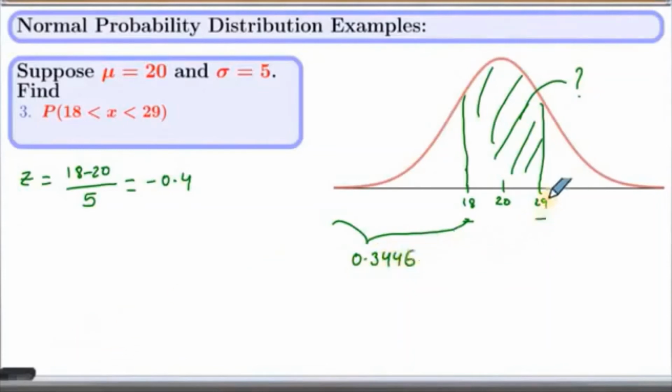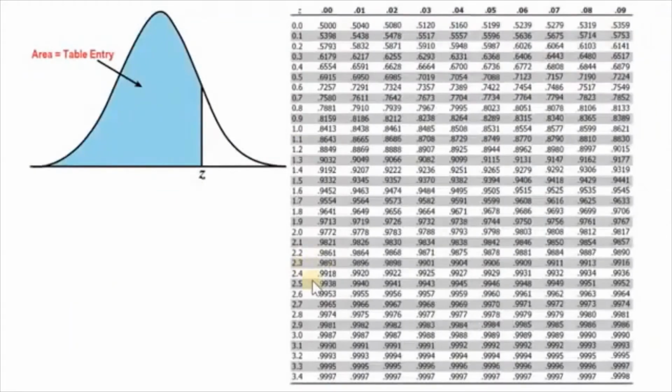Now let's find the z-score for 29. So for that, we have z equals 29 minus 20 over 5, which is equal to 1.8. Now let me pull up the table so that we can find the area for z-score of 1.8.